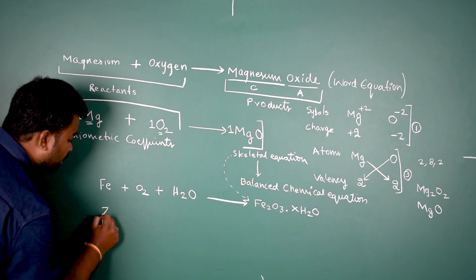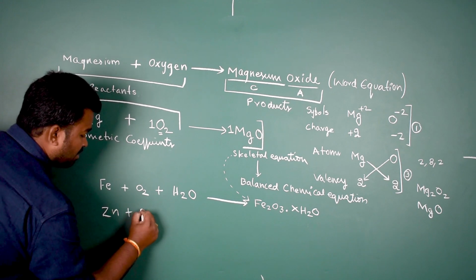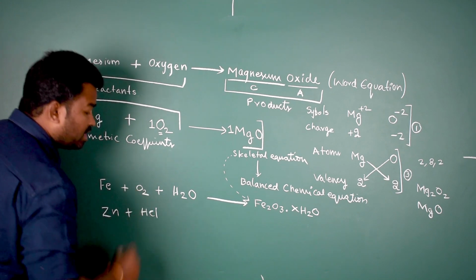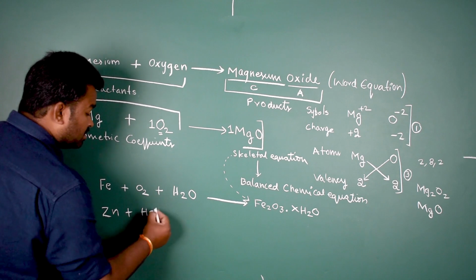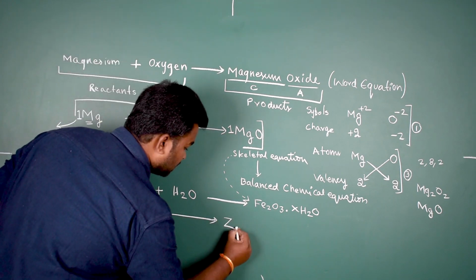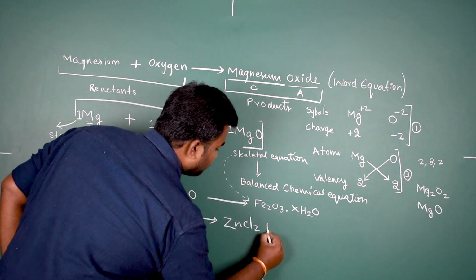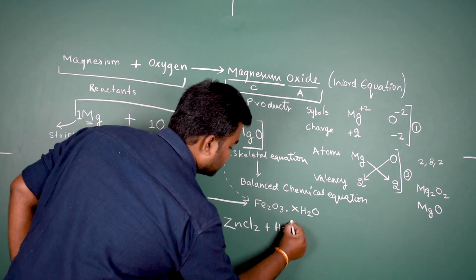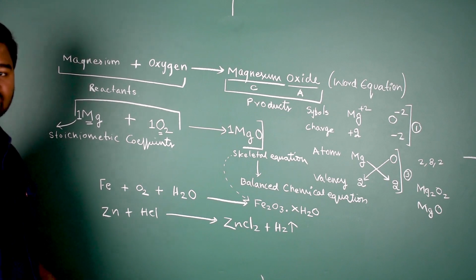We allowed zinc to be exposed to an acid, for example HCl. So here the reaction was they interacted with one another to form a new substance, that was ZnCl2 plus hydrogen gas, where we have seen evolution of a gas.